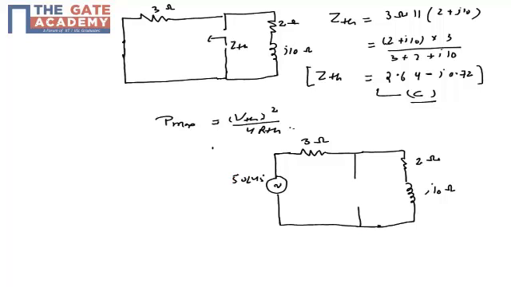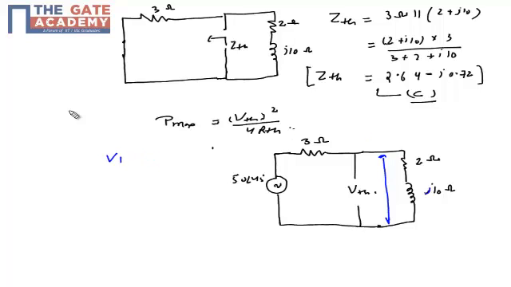We need to find VTH across this terminal. The voltage across the 2 ohm and j10 network is nothing but my VTH, so I can simply apply the voltage divider across this network.